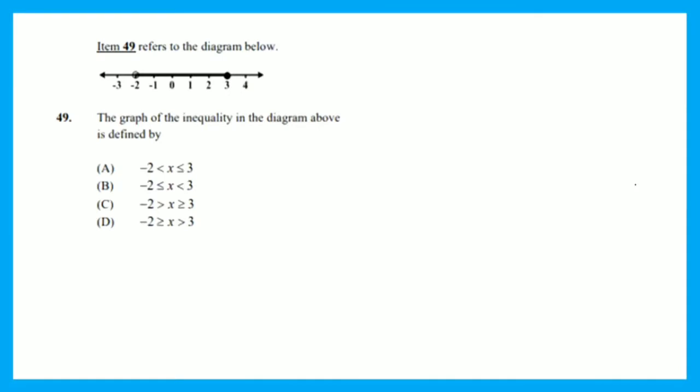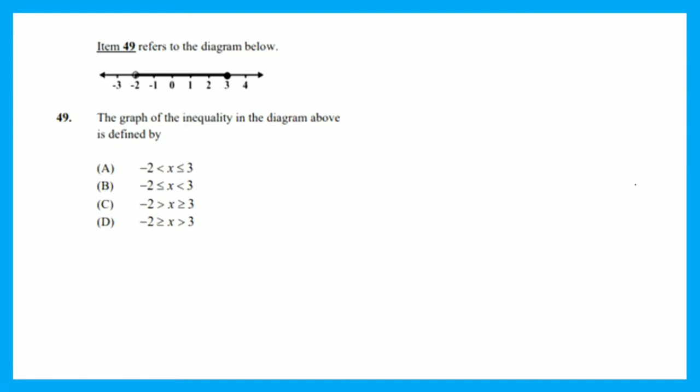We are given a number line, and a part of it is marked off, indicating a range of values. The question says the graph of the inequality in the diagram above is defined by.